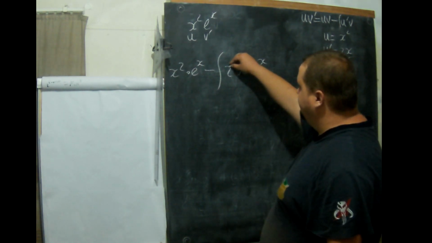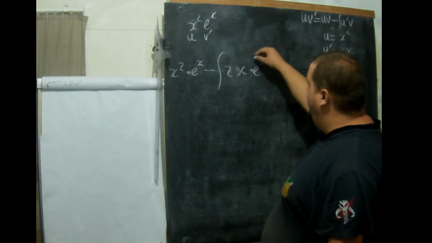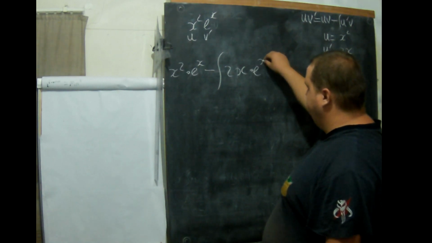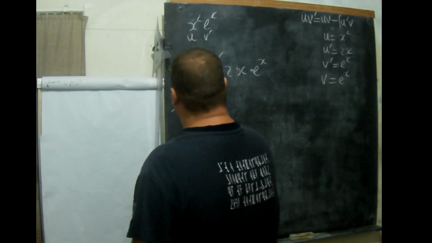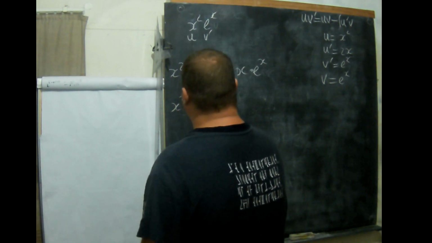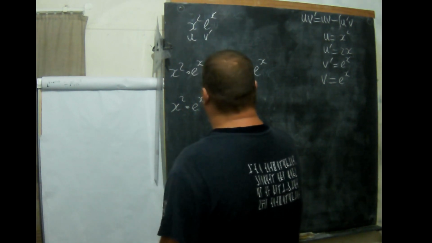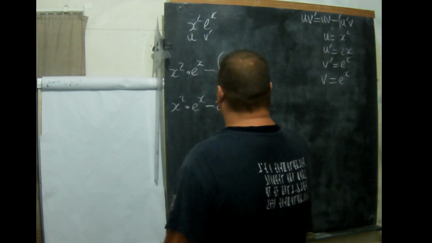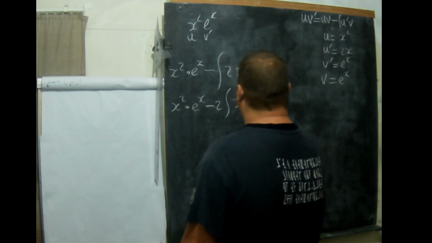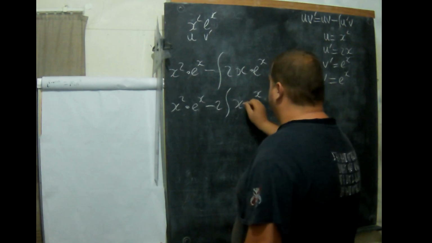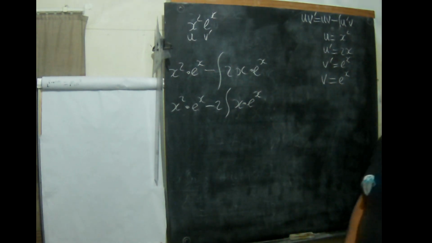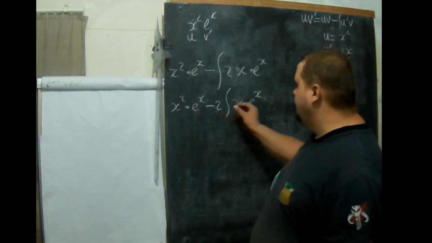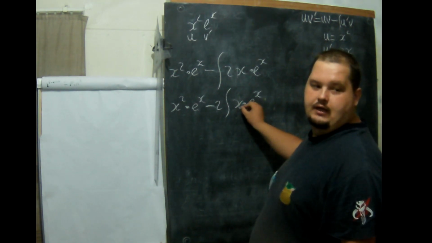Now we have to take this 2 out, and then we're left with x e to the x. So x squared times e to the x minus 2 times the integral of x e to the x. Now we still got two terms by the integral sign.